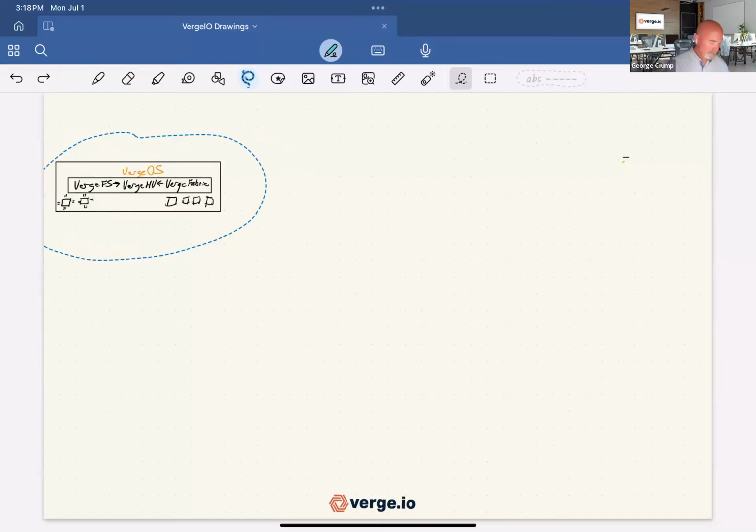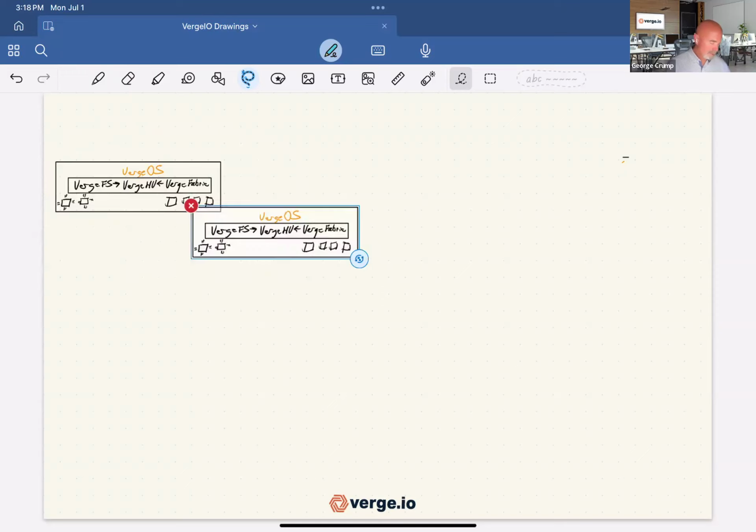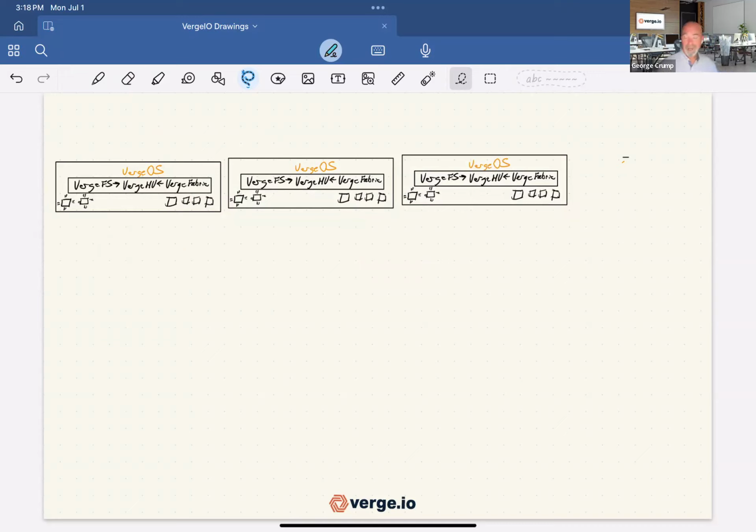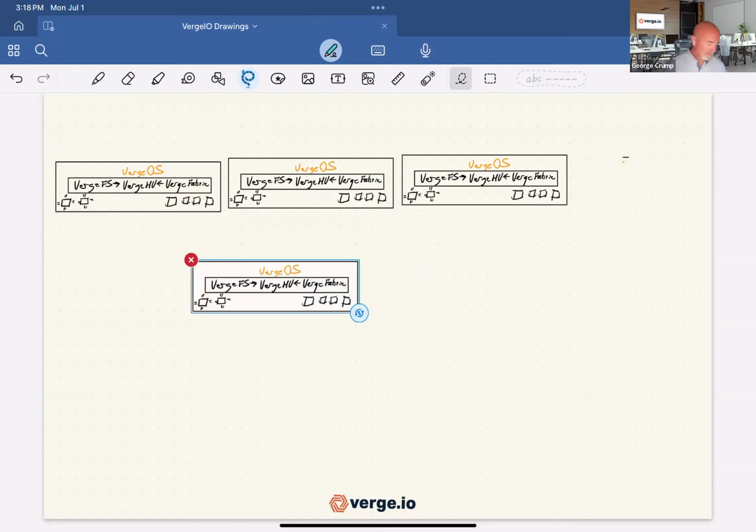So we could start with 2 nodes instead of having to force you to 3. Most of our customers at least start at 3. We can go from there. Now, one of the things that's unique though is, let's say I have plenty of capacity, I just need more compute. Well, with our environment, we can bring that in.